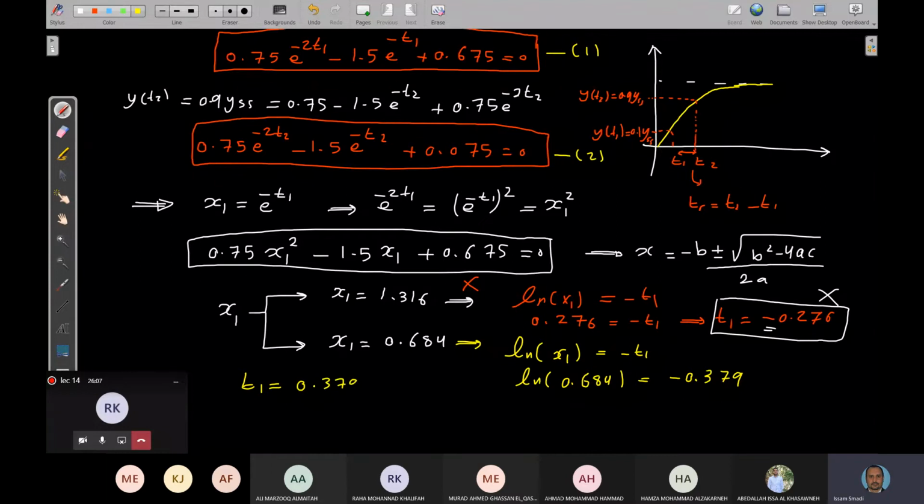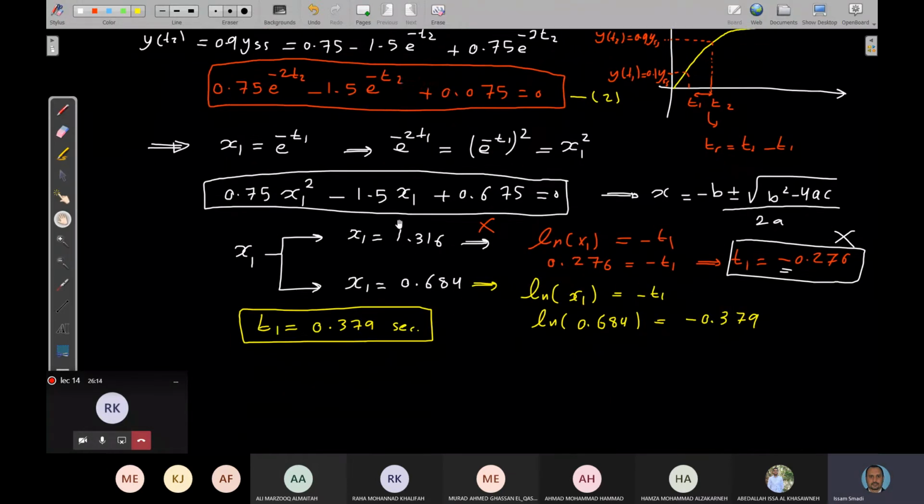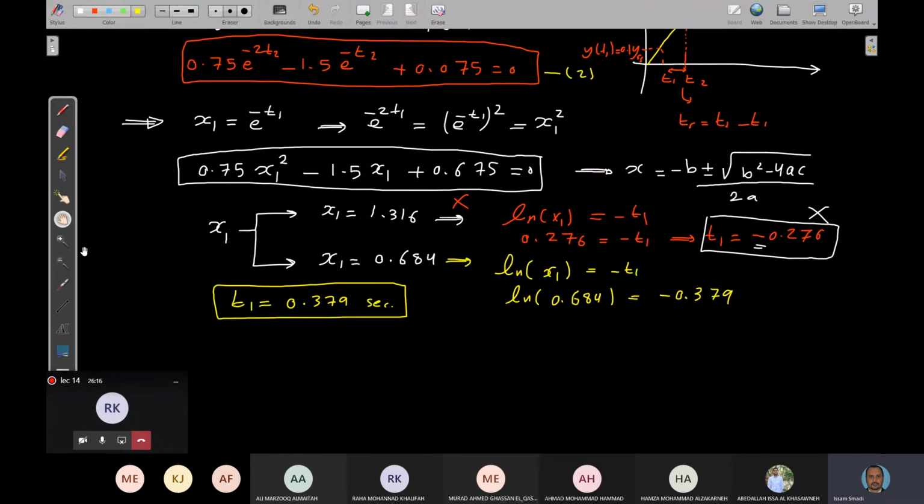Thank you. So this is a correct answer. Did you understand why I threw out this value? Because this value is greater than 1, which will cause the ln to be positive, and if the ln is positive, this means the time will be negative, and this is not applicable in physics. So I will take the value which is less than 1.